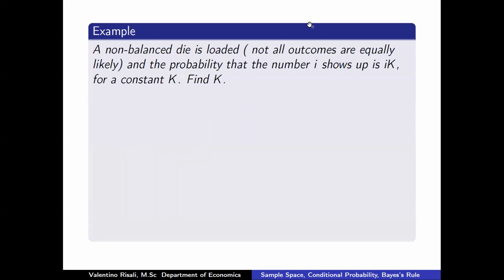I want to remind you that the term die in this lecture will be affiliated with the six-sided die. So if I use the term die, our assumption is it is six-sided.